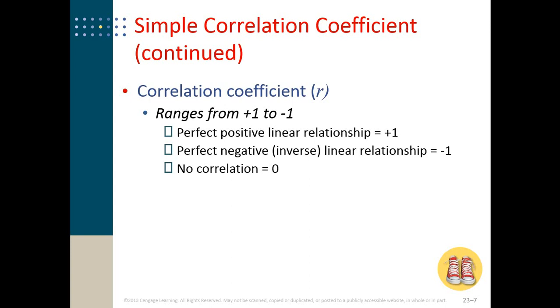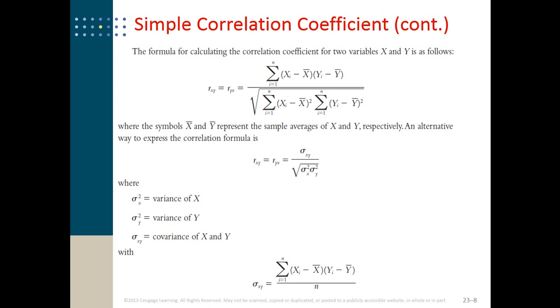Now correlation may be less than +1 but still positive, indicating a positive relationship, and correlation greater than -1 but still negative will indicate a negative correlation. This is how we calculate the correlation coefficient.